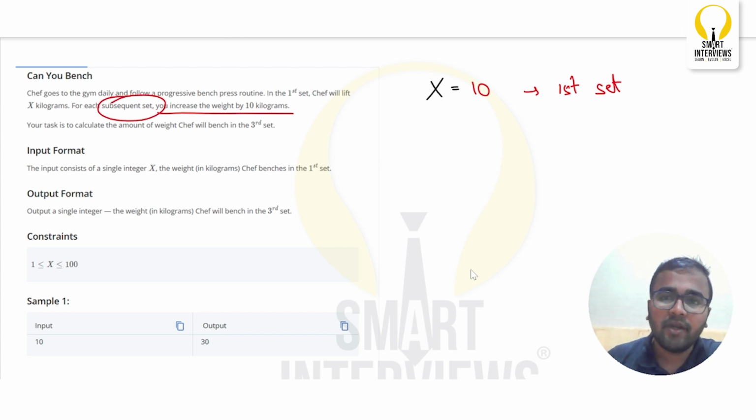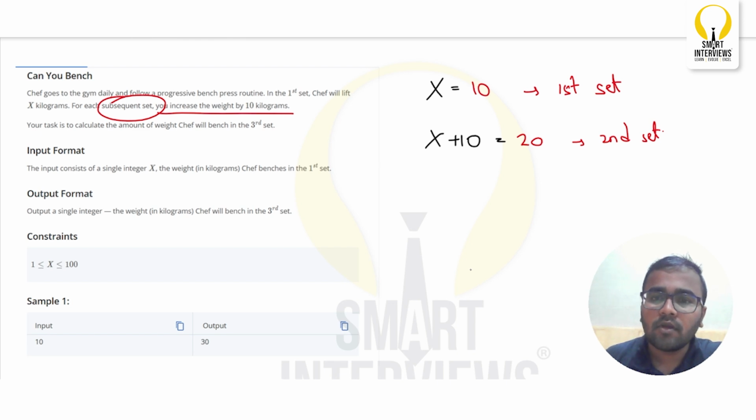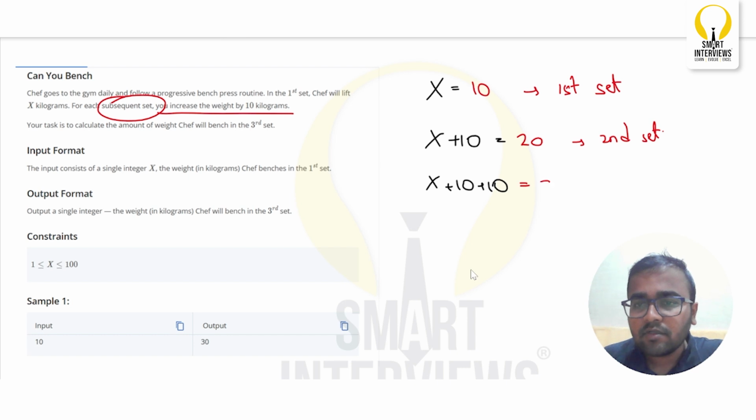So in the second set, the value of weight is nothing but X plus 10, that is equal to 20. Coming to the third set, again he will increase the value by 10, which is nothing but X plus 10 plus 10 equals 30 for the third set.